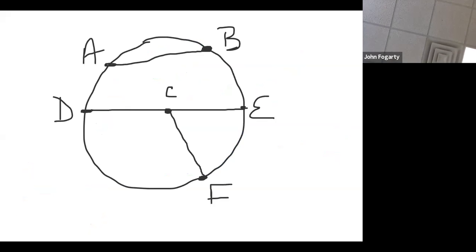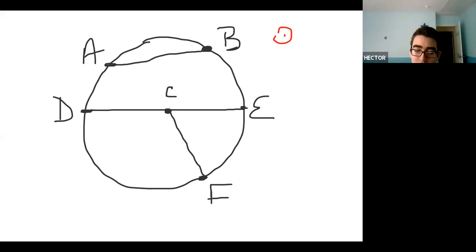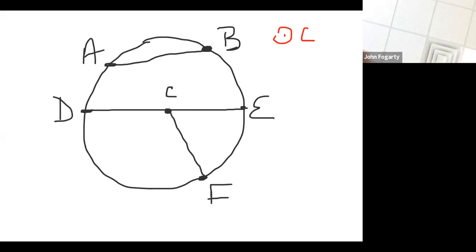Now, given that circle, somebody tell me how you would name that circle. Circle C. You always name the circle by the point that's the center of the circle.